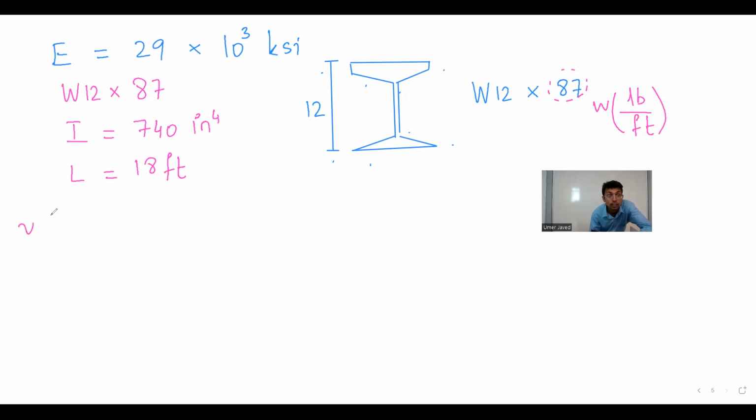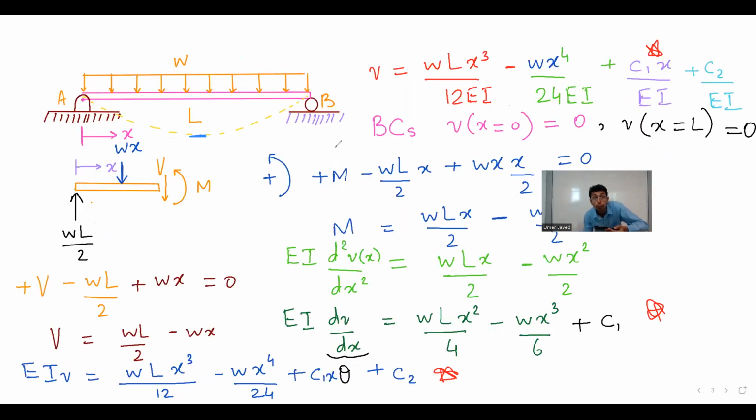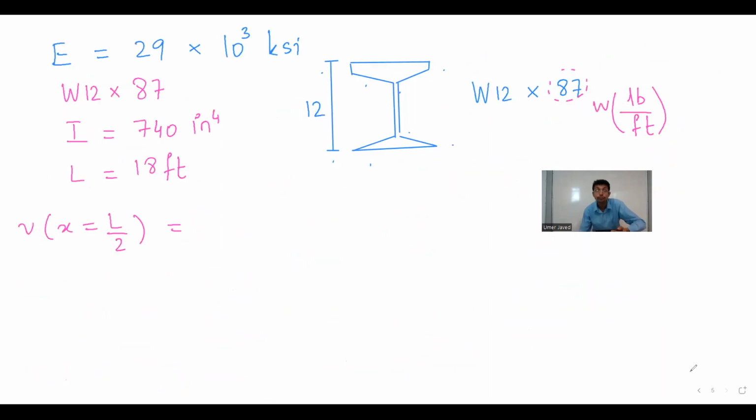Why don't you tell me what is v at x equal to L by 2? For the same problem. Okay, so you do it yourself and you will have an answer.